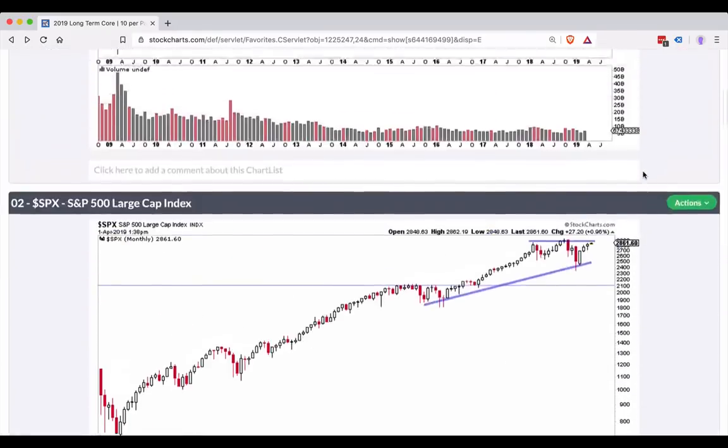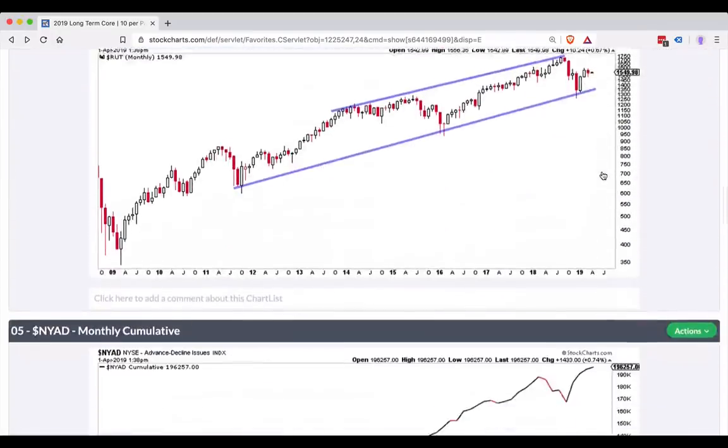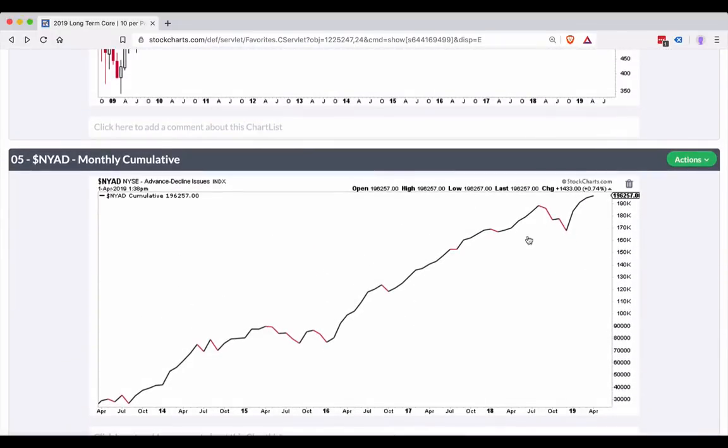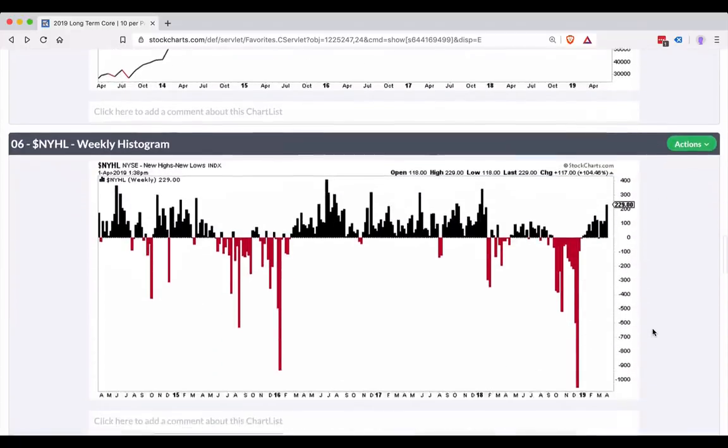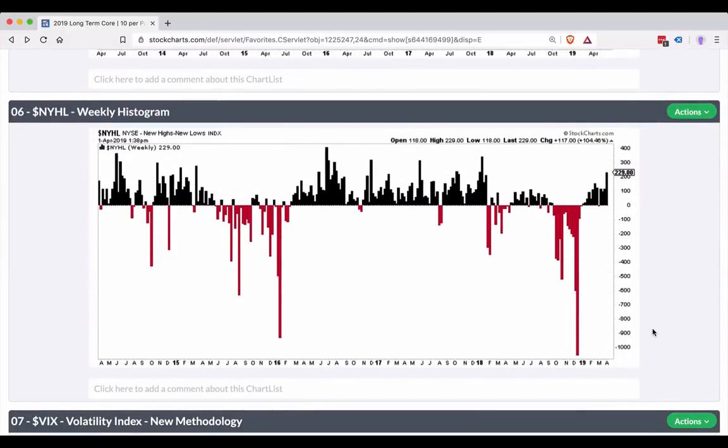We're getting really close in the S&P 500 and the Dow Jones, but if we look at the NYSE AD line, you can see it's already broken out from its 2018 highs, and it's in that uptrend.